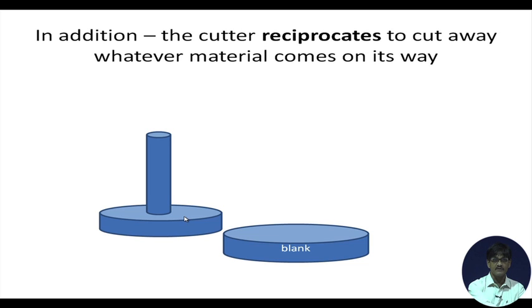Remember, the cutter is having teeth on its periphery and those teeth have sharp edges and they are given cutting angles in order to facilitate material removal and also for providing clearance, so that the finished surface of the blank is not touched by the cutter during its movement. Okay.